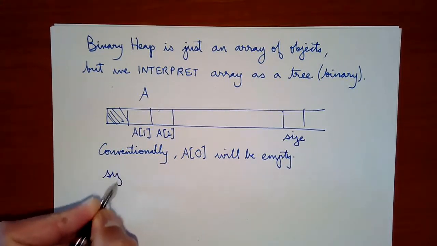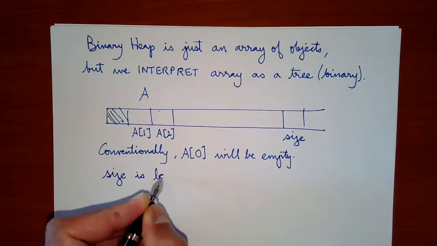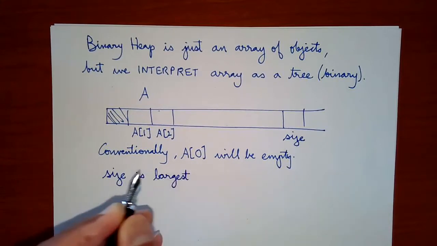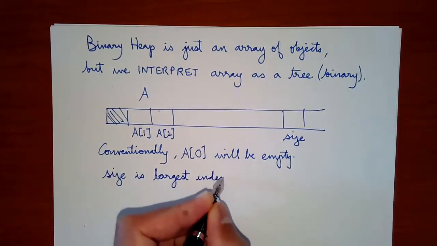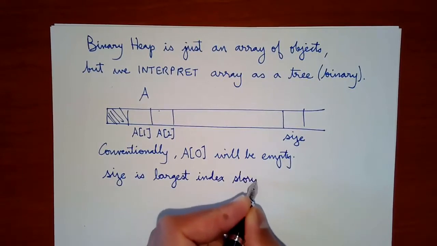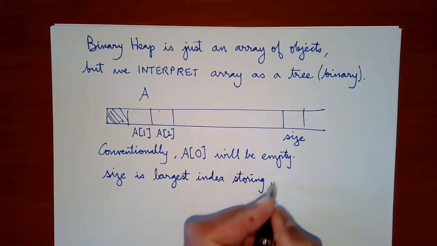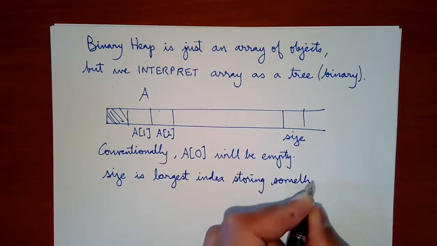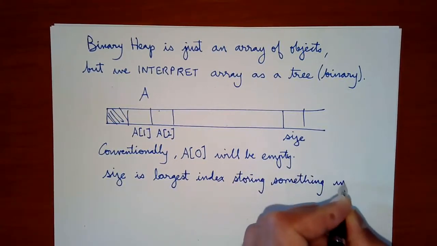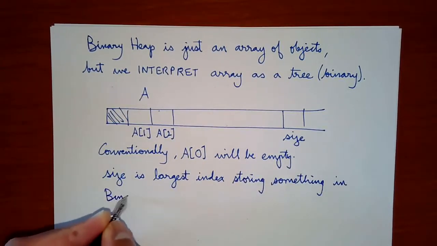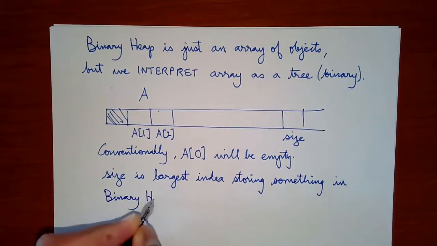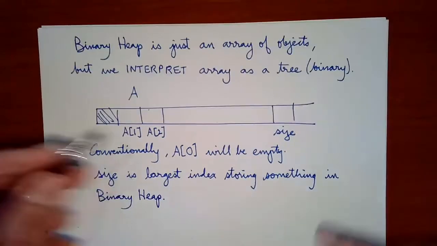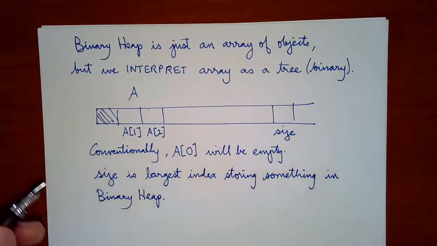And we'll maintain size to be the largest index storing something in the binary heap. I want to emphasize that I'm not going to deal with memory allocation issues here.